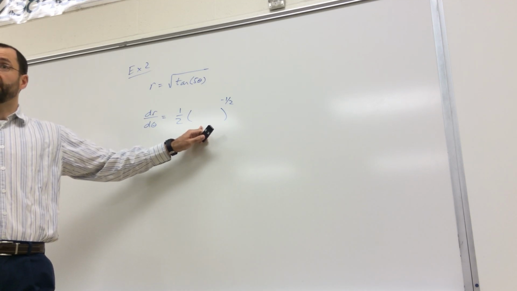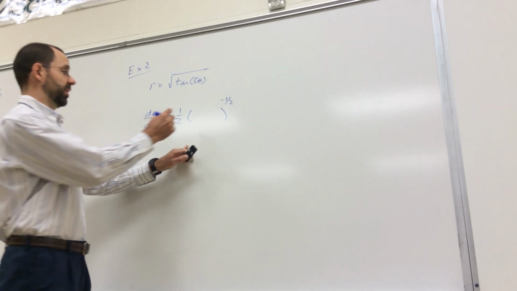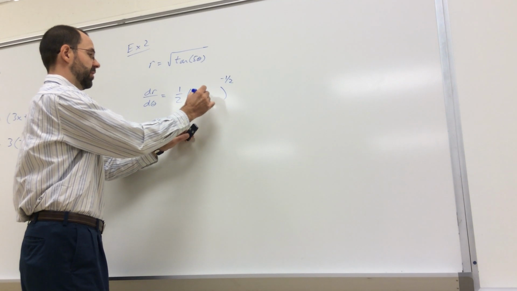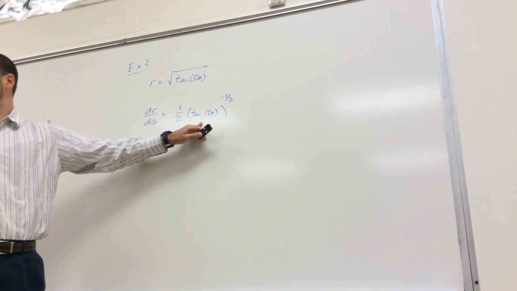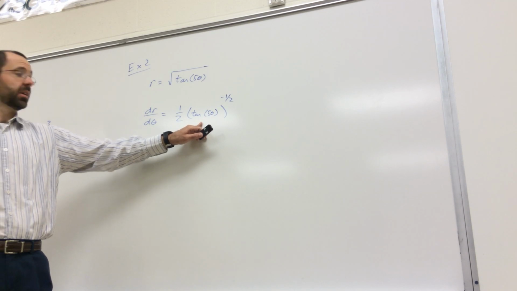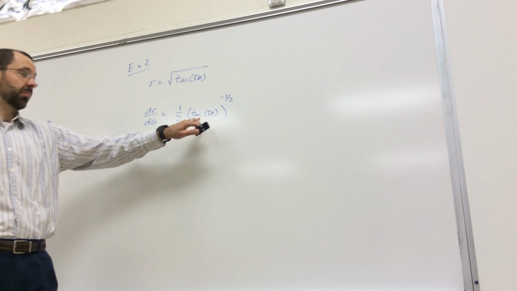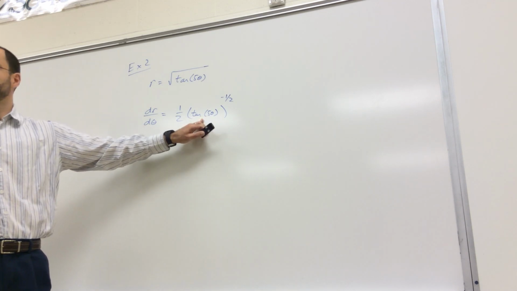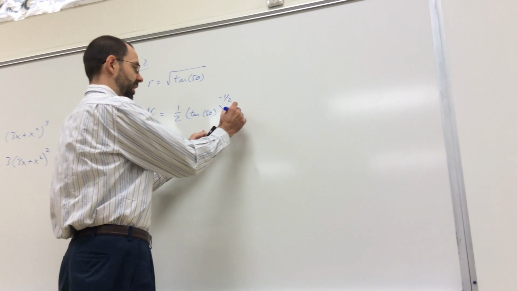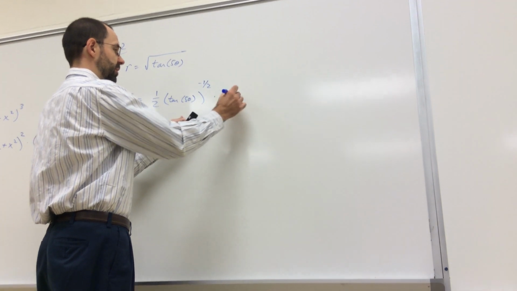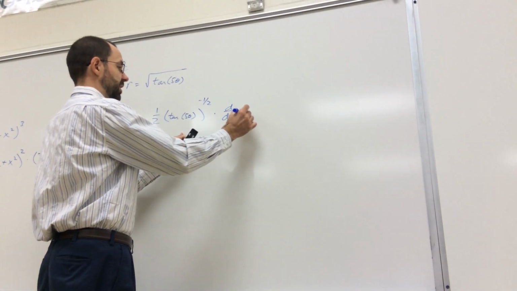So that's what's going on here. When we plug the regular inside into it, what we're plugging in is the tangent of 5 theta. So there's where we are so far. That's the first 2 steps. Take the derivative of the outside and then plug the regular inside into it. Okay, then the last step is to multiply by the derivative of the inside.